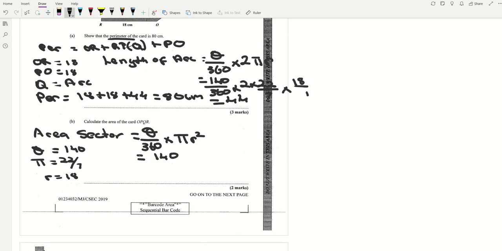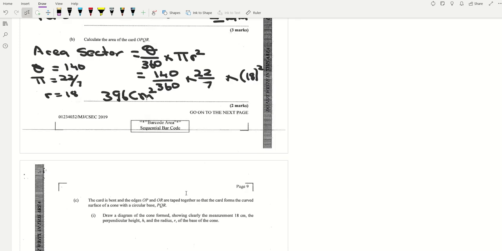That's 140 over 360 multiplied by 22 over 7 multiplied by 18 squared, exactly how I have it here, you can put it in your calculator, and it is equal to 396. Because it is area, it will be squared, so it will be 396 centimeters squared, and that's how you would do this question here.